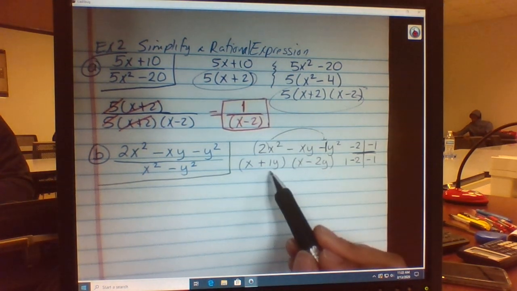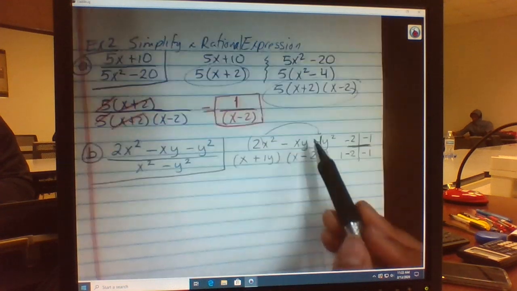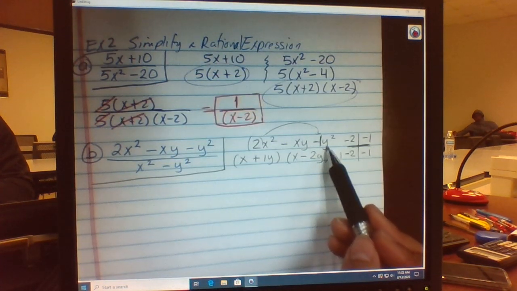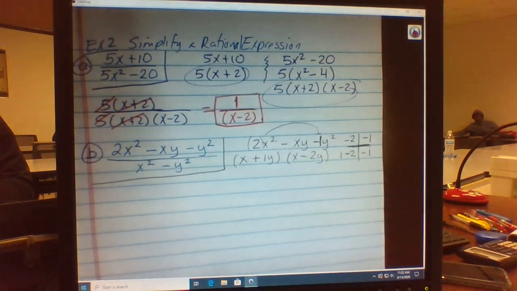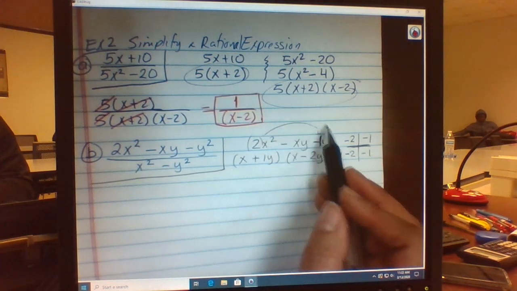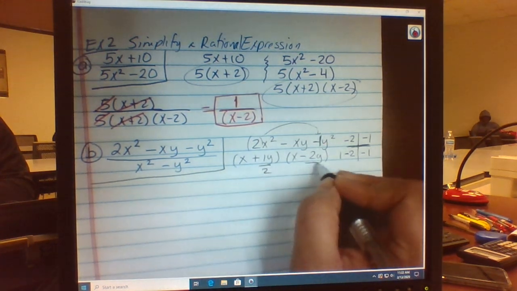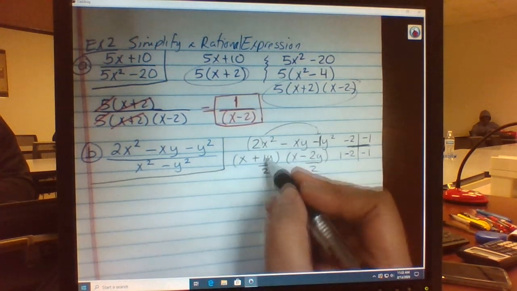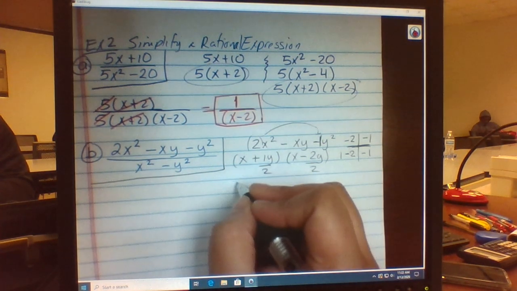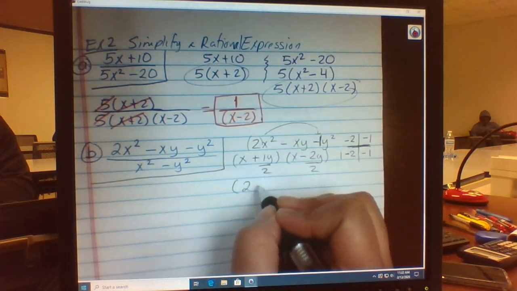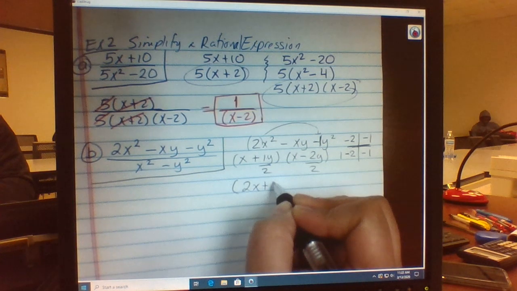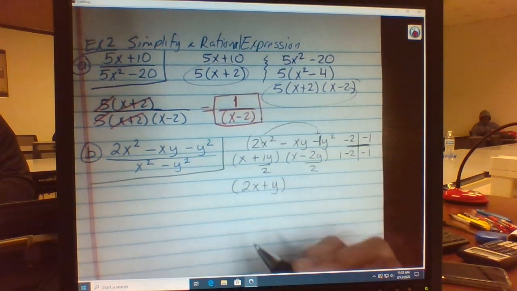Now, usually we just put the number, but why am I putting y? Because what do I have here? A y squared. But am I done? Do I just do that? I have to divide, because what did you do at the beginning? Can 1 be divided by 2? No, so it becomes 2x plus y, or 1y if you want to put it.